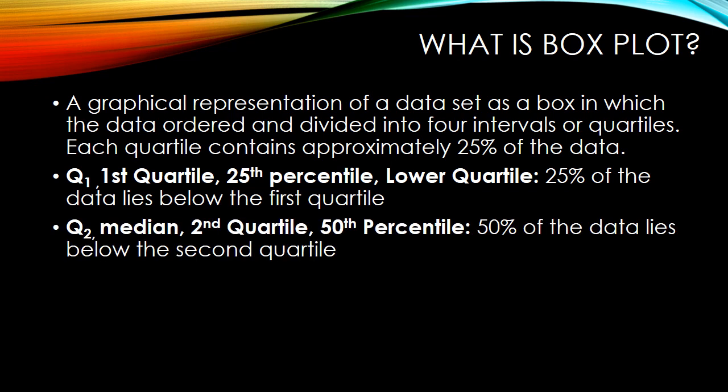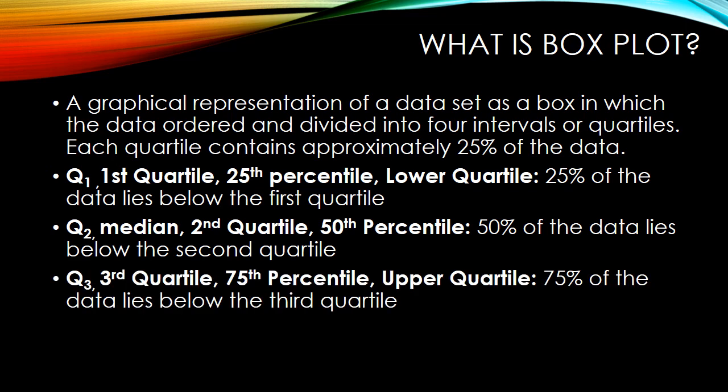The median, the second quartile or the 50th percentile, is where 50% of the data lies below it. The third quartile, or the 75th percentile, also called the upper quartile, contains 75% of the data.